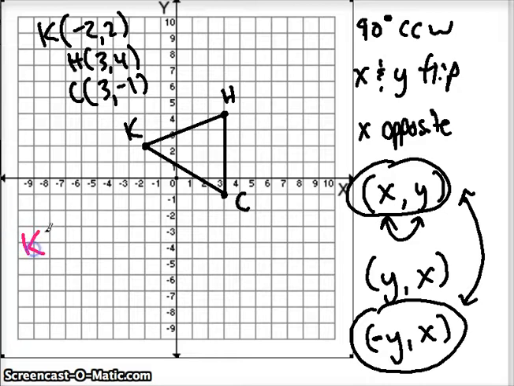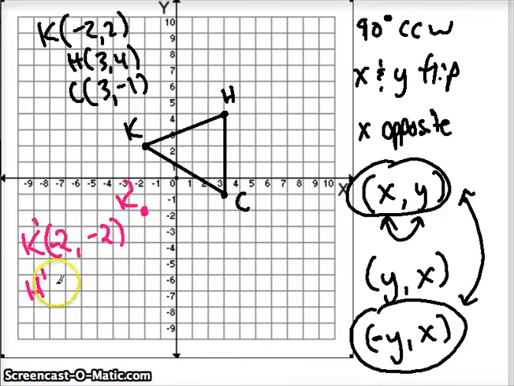So again, we're going to flip the X and the Y value. So K rotated is going to be 2, negative 2. But now X is going to be the opposite, the new X. So instead of positive 2, it's negative 2. So negative 2, negative 2 is going to be our new K, or K rotated, 90 degrees counterclockwise. So we're going to the left and down a quadrant.